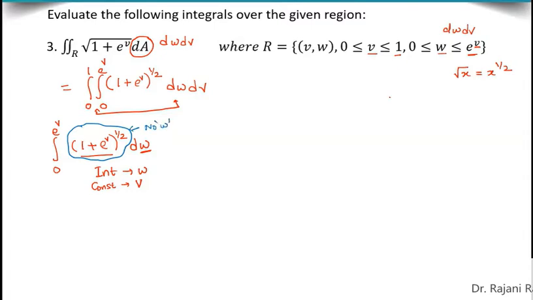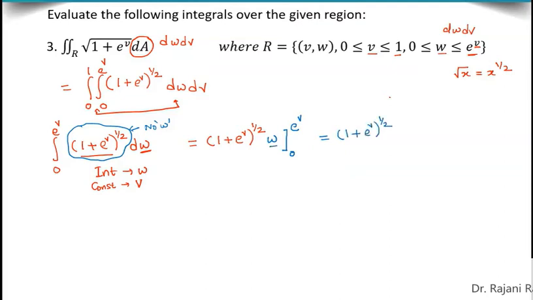So in all the terms where there is no w for integral, what we will do? We multiply this term with w. So this will become, this term, constant term, we keep same, 1 plus e power v and its power half multiplied w, right, as there is no w, and the limits of w is from 0 to e power v. Now let's substitute the limit. So this gives you 1 plus e power v and its power half.